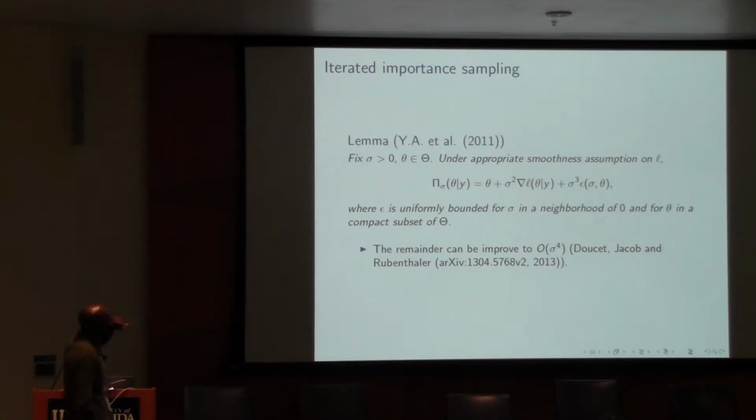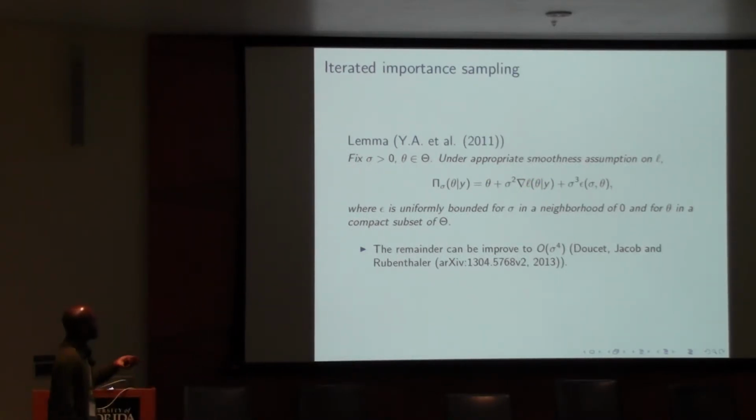So again, the idea is that you could estimate the gradient of your log likelihood function by comparing this made-up posterior mean with the prior mean. If you do the expansion of the posterior mean, the first term that comes out is the prior mean followed by the gradient at theta.